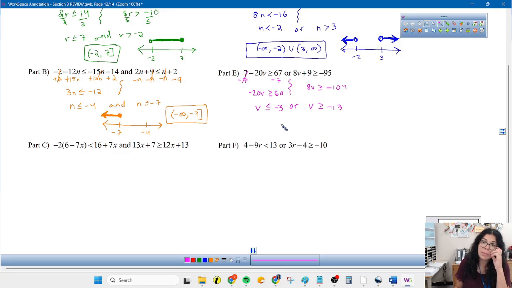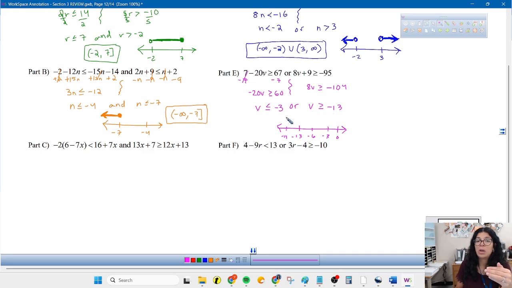Now if we think about those numbers, which numbers are going to be more than -13 or less than -3, that would be all numbers. If we're thinking about any number that we could think of, -14 or even 0 or -6 or 30, any number would fit into one of these two categories.